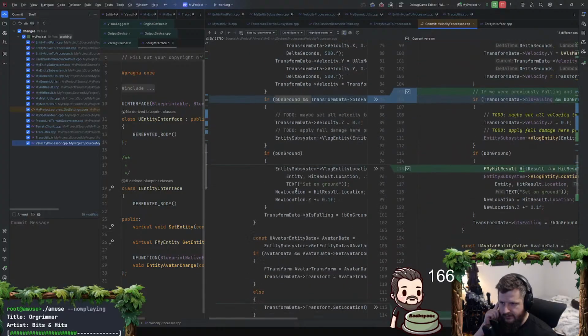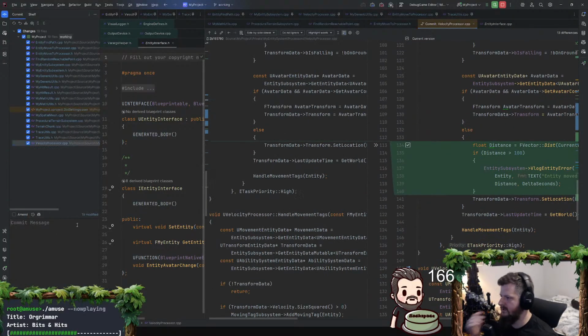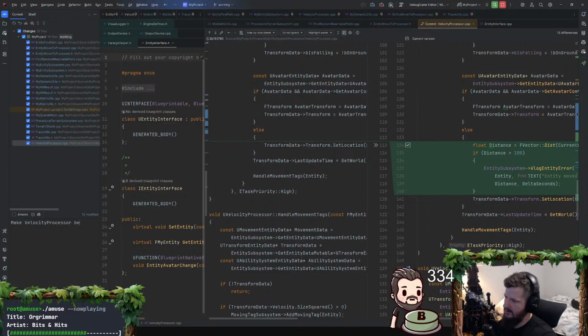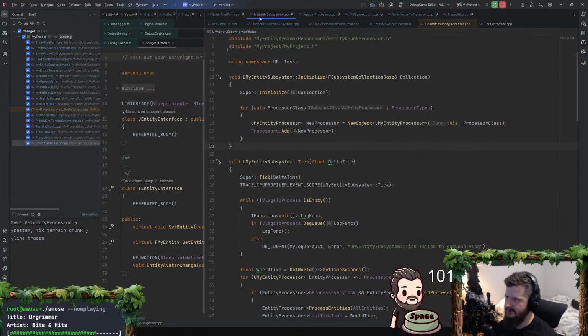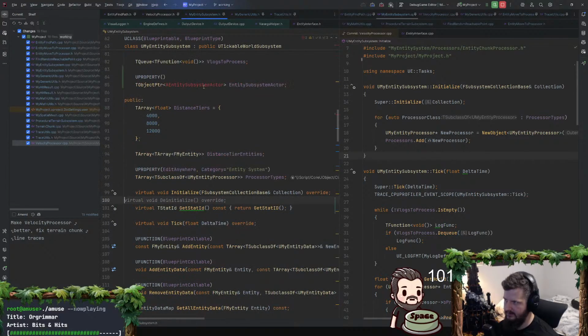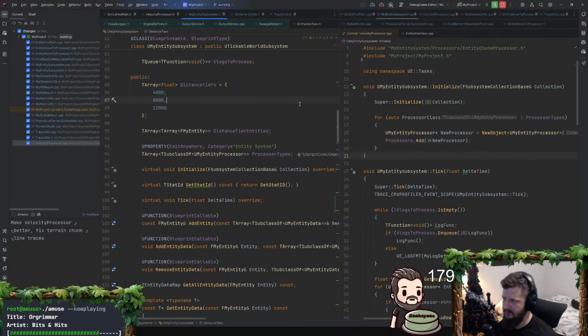Then all of this. Okay, so we're just going to sum this up as fix: make velocity processor better, fix terrain chunk line traces. And what else? There's a lot in here, just some misc fixes too, I guess. That needs to go away too.